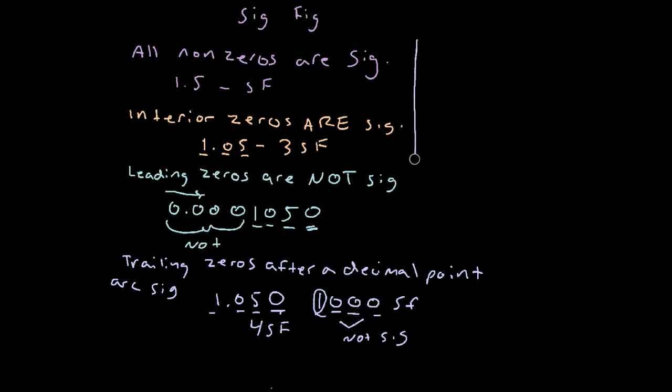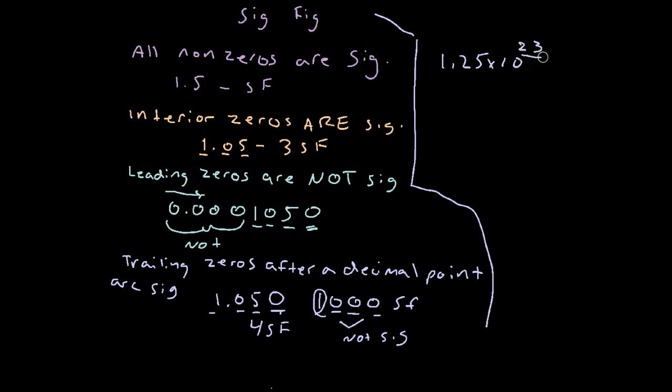Let's talk just a second, before we get into addition, subtraction and division rules, about scientific notation. In scientific notation, only the numbers present count, like let's say 1.25 times 10 to the 23.